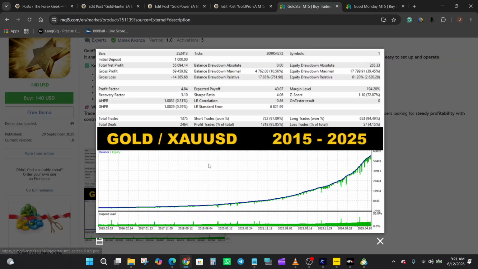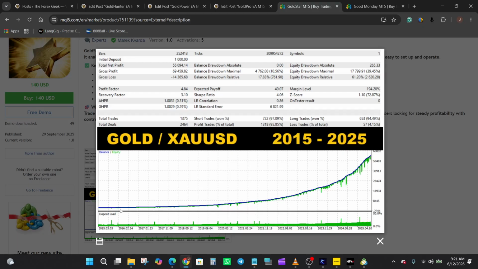Based on what we can see here, the EA was tested on gold from 2015 to 2025, and the initial deposit was $1,000. Total net profit was over $55,000, and the total trades taken were 1,375, and we can see that 1,318 were profitable. So that gave us a 95.85% win rate from 2015 to 2025.